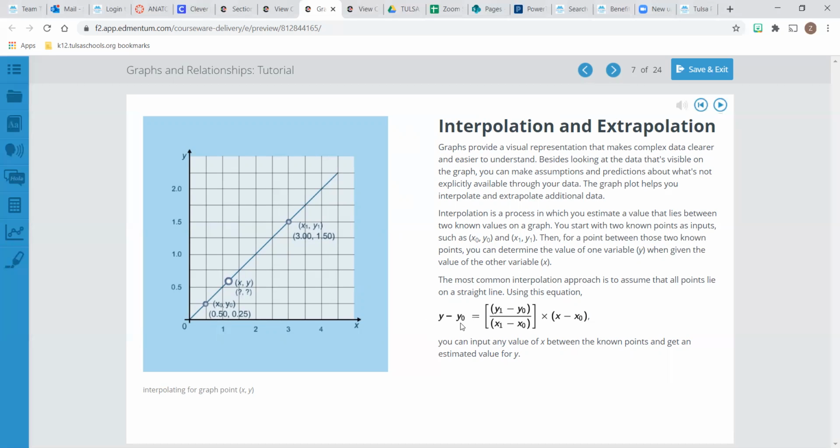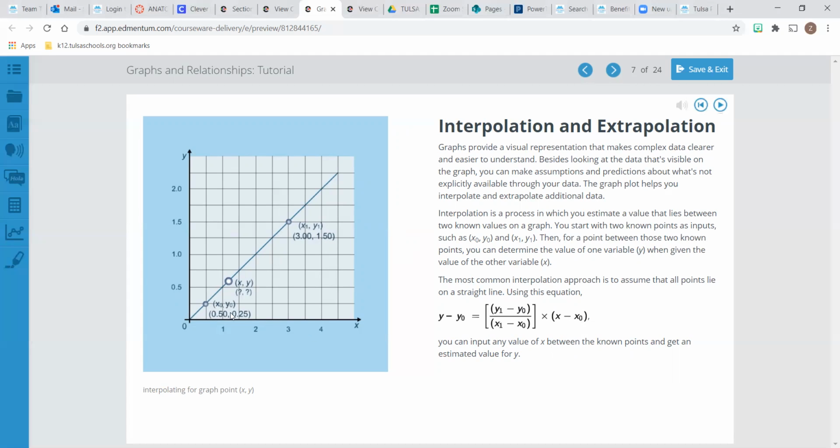So y minus y naught equals bracket y1. So you just say the number and then just say y naught. y1 minus y naught over x1 minus x naught, bracket, times, parentheses, x minus x naught.